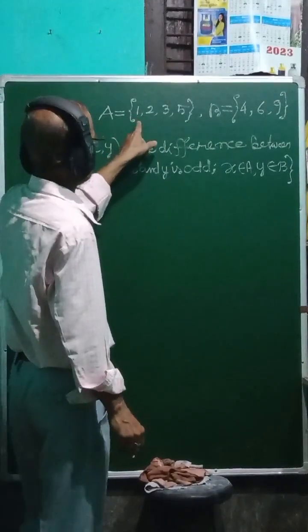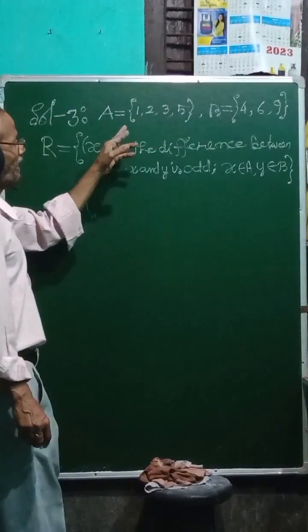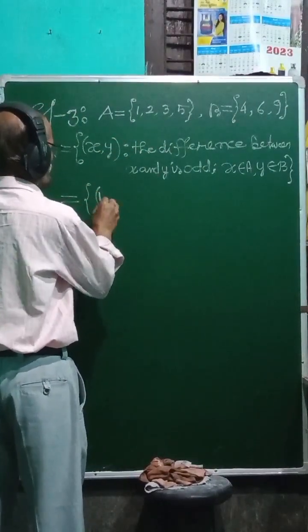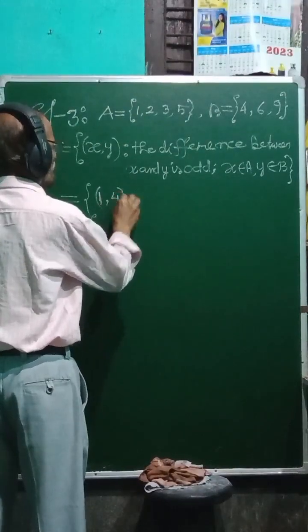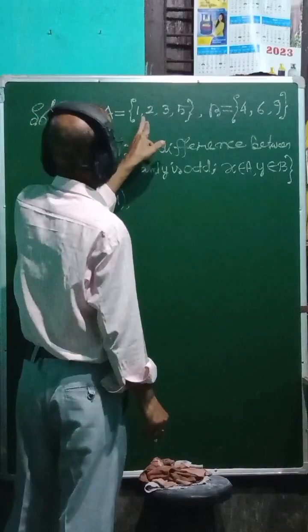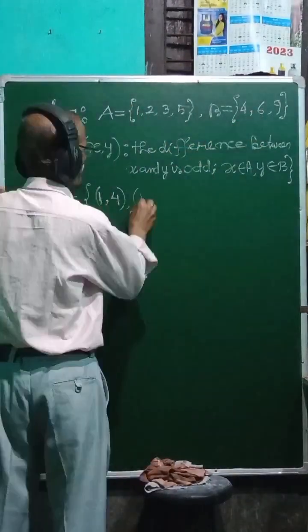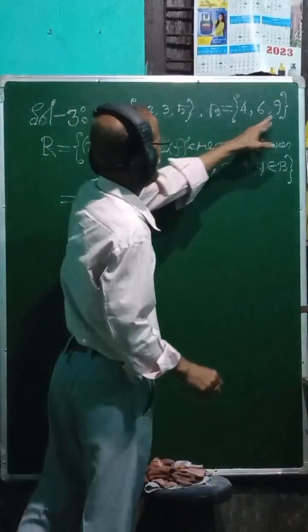See, 1, if I take with 4, then 4 and 1 difference is 3. So I can accept it. 1, 4 as a pair. And then 1 with 6, the difference is 5, so 1, 6. And then take 1 with 9.